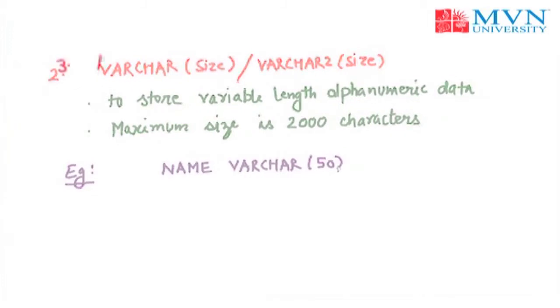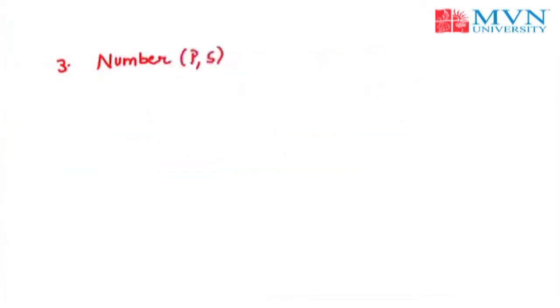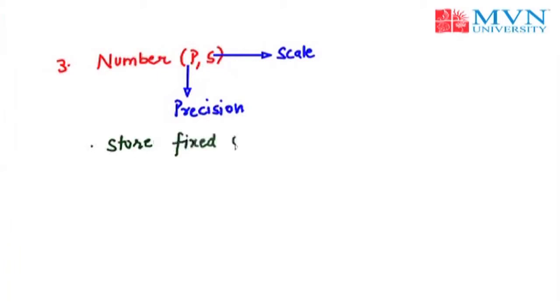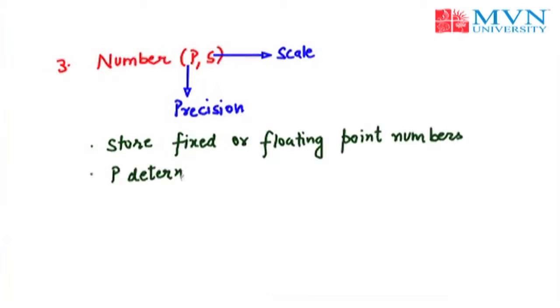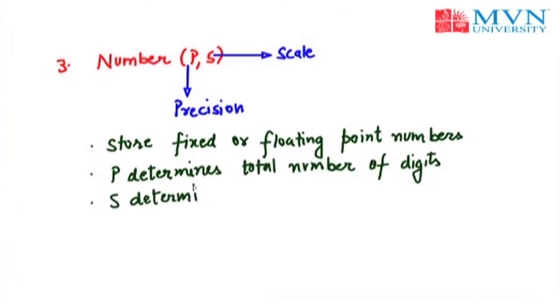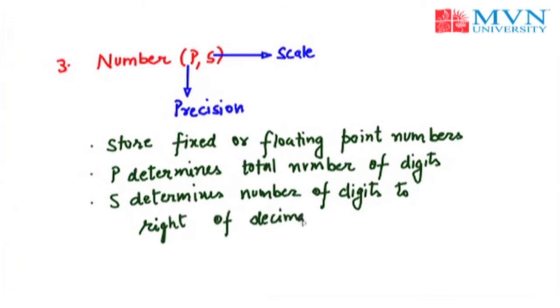Next is NUMBER(P,S). Here P stands for precision and S stands for scale. This data type is used to store fixed or floating point numbers. P determines the total number of digits and S determines the number of digits to the right of the decimal point.